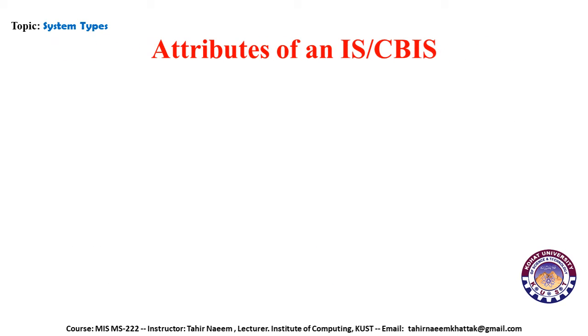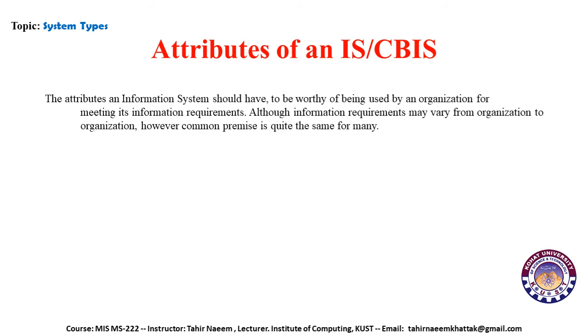So we will discuss the attributes of information resources, or a computer-based information system. These attributes are basically the requirements an information system should have to be worthy of being used by an organization for meeting its information requirements.